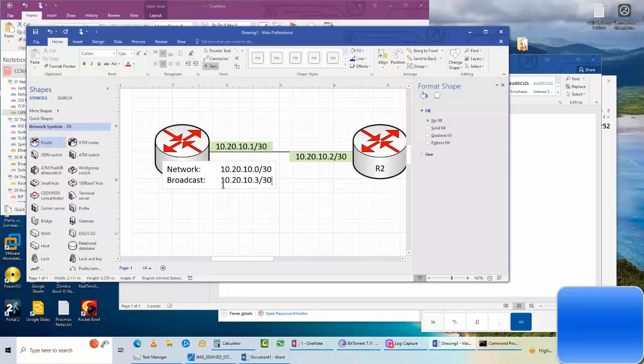Now that's a lot better than having a direct link, or in our world we call it a point-to-point link, because there's nothing else on this network. The only way you can get somebody else on this network is to plug these 2 into a switch. But check this out.